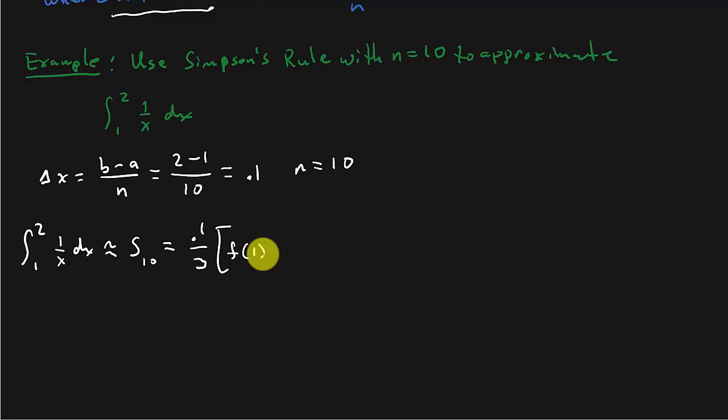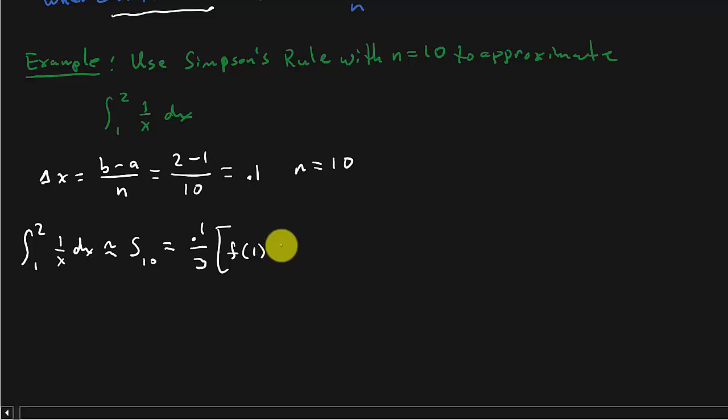And then we're just adding 0.1 each time. And so that's going to be plus 4 times f of 1.1 plus 2 times f of 1.2 plus 4 times f of 1.3.